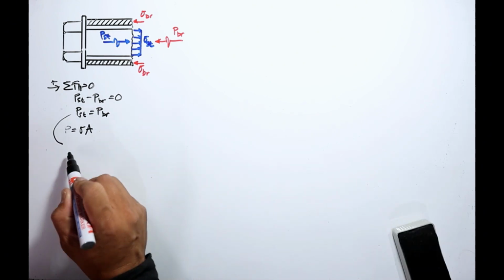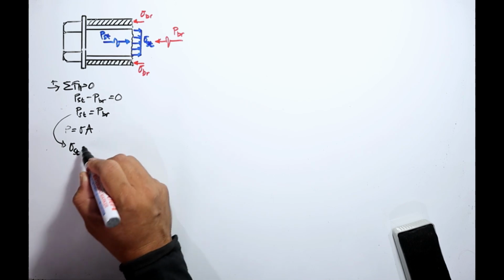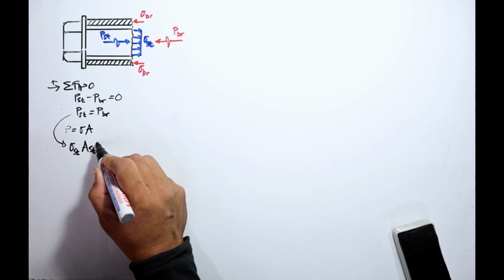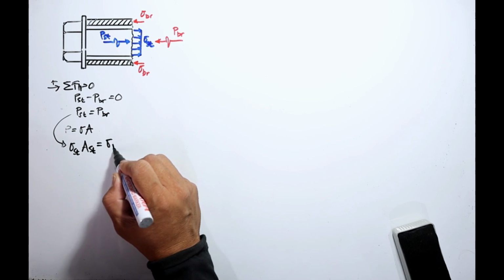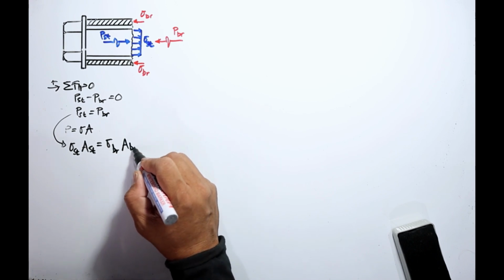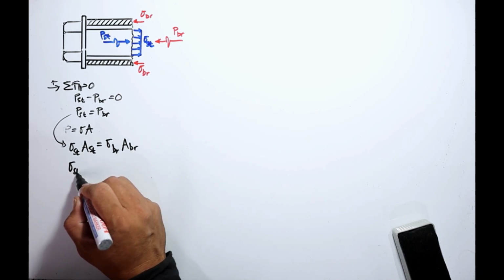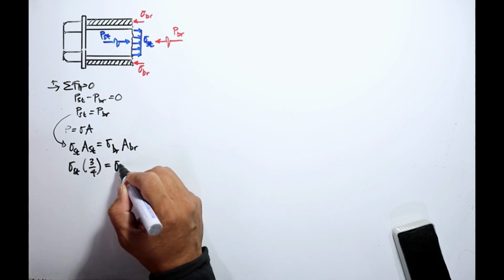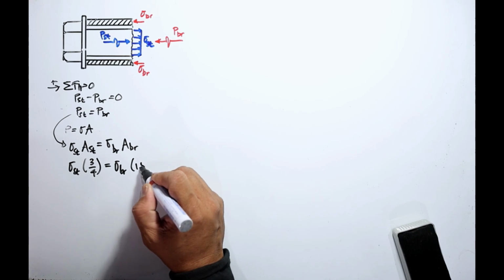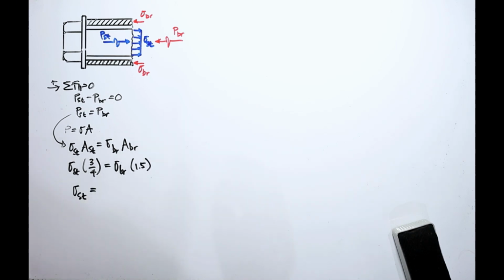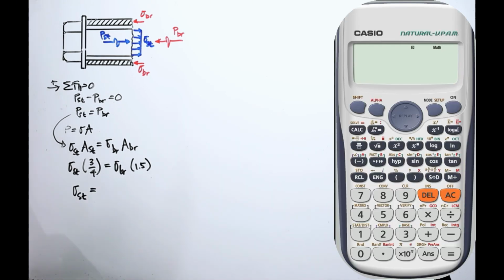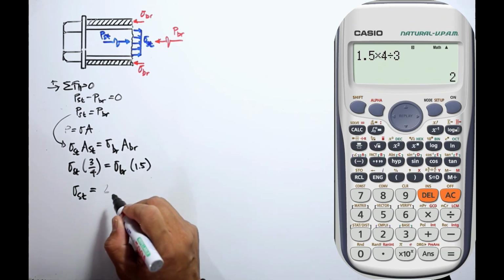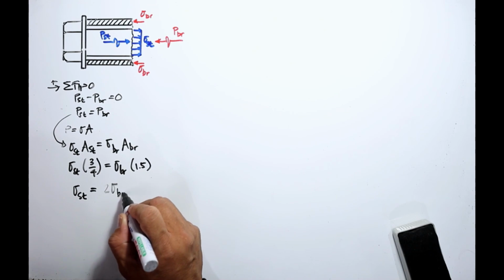So we can write this as stress for the steel times its cross-sectional area equals stress for the bronze times its cross-sectional area. We're given the areas. For the steel, it is 3/4 square inch, and for the bronze, it's 1.5. And then the stress in steel is 1.5 times 4 divided by 3, which is 2. So that's equal to 2 times the stress in the bronze.